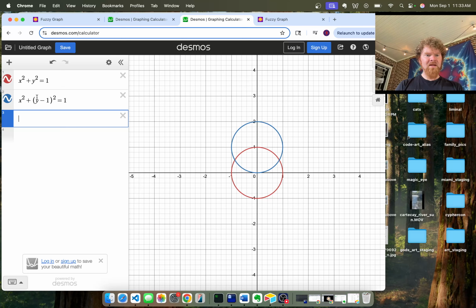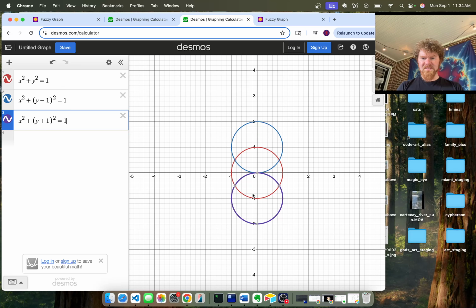The circle equation is actually x minus center x, comma y minus center y. So this is going to be x squared plus y plus 1 squared equals 1.